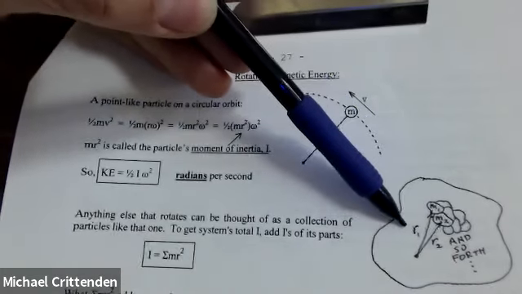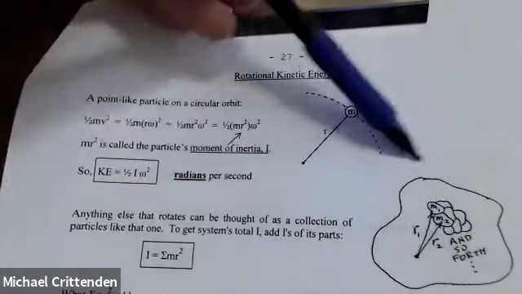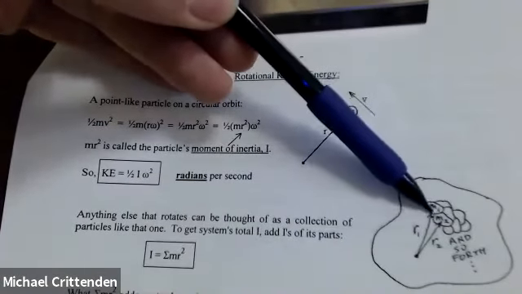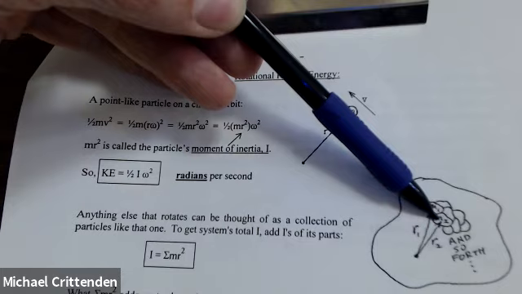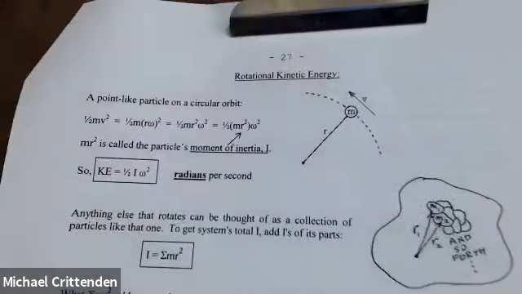Its mass is M1, its radius is R1, or the radius of its path, I mean. It goes around in a circle, the radius of that circular path. Another piece M2 is going around in a circle of radius R2 and so on.